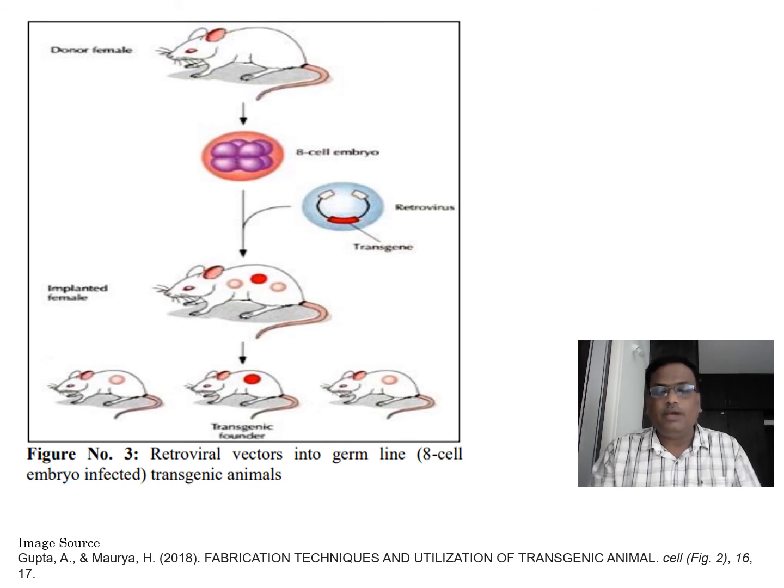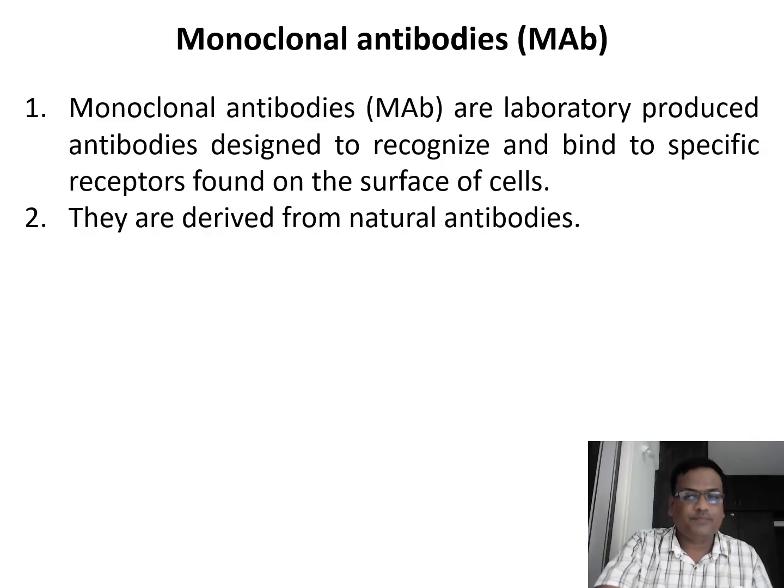They will make sure that this virus enters the embryonic cells. Once it enters, since it is a retrovirus, it gets incorporated into the host DNA. What is the host here? It is nothing but the embryo, and this embryo is transferred into the organism's uterus, where it will develop into a transgenic animal. So this is the third technique. These are three different techniques used to produce transgenic animals.